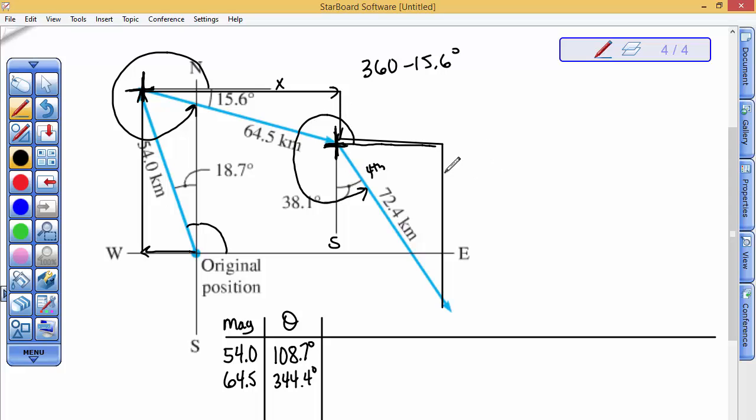So this angle right here, I'm sorry, it's not right there, it's the coterminal angle. It's 270 plus the 38.1, so I believe that's 308.1 degrees is the direction of this vector from the x-axis. It's 308.1, and its magnitude is 72.4.